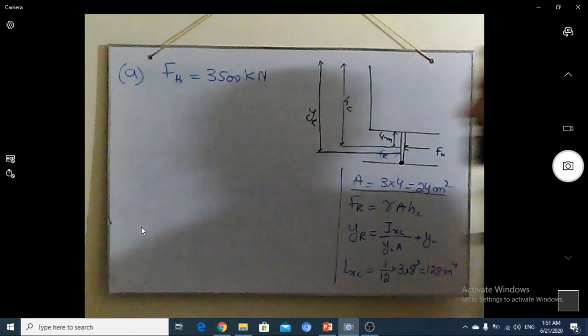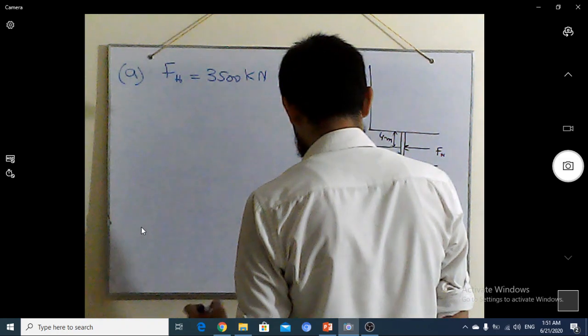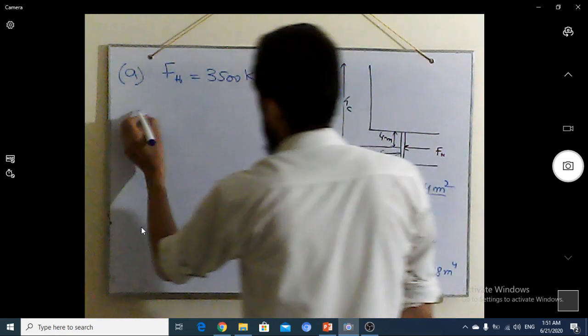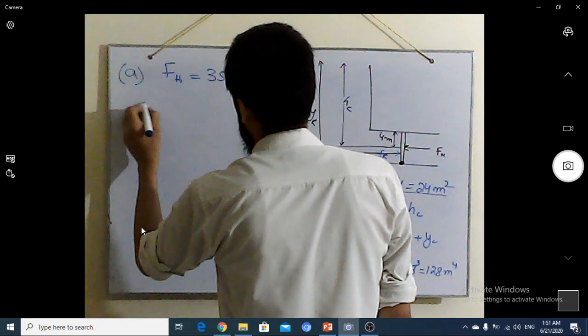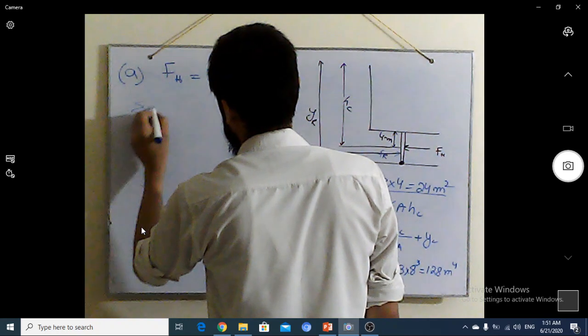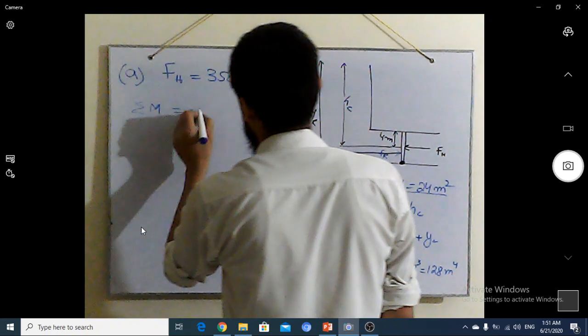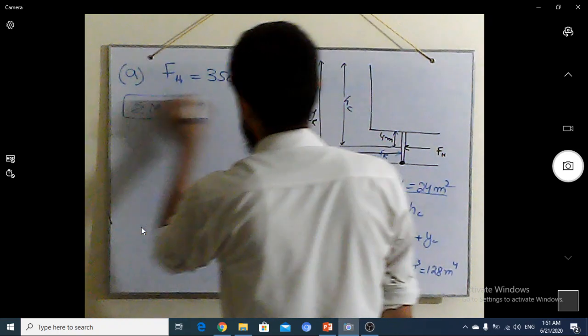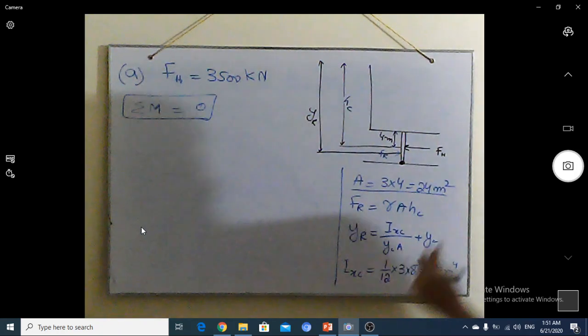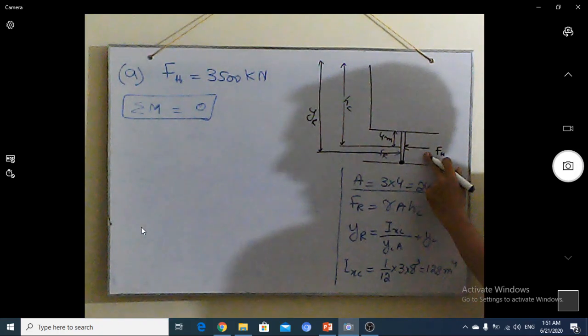Here we will apply that the clockwise moment equals the anti-clockwise moment, because there are two forces with two arms.